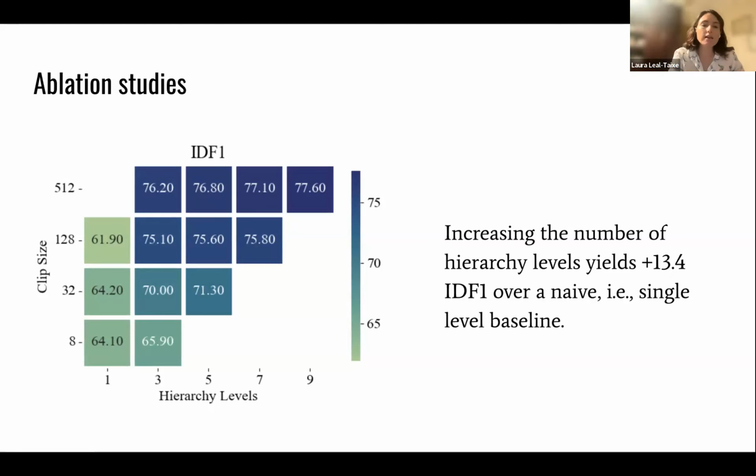With one hierarchy level, the first thing we see is that it doesn't fit into memory to create a graph that connects the detections at frame 1 to the detections at frame 512. Even if you do edge pruning, it doesn't fit. But even if it did fit, learning in these conditions is really hard. You see how we obtain this IDF1 accuracy for clips of 8, pretty much the same for clips of 32, but things start to get worse as we increase the clip size.